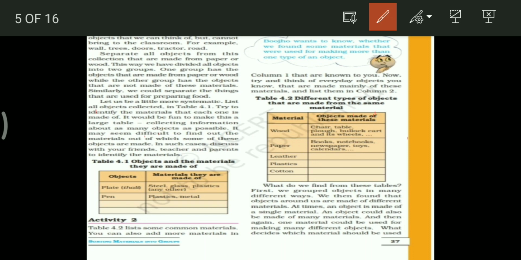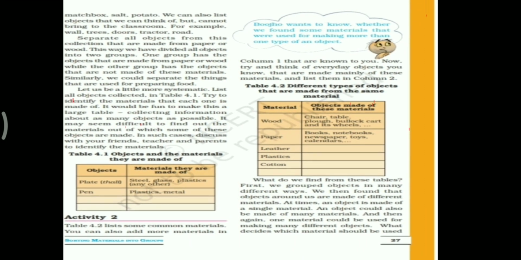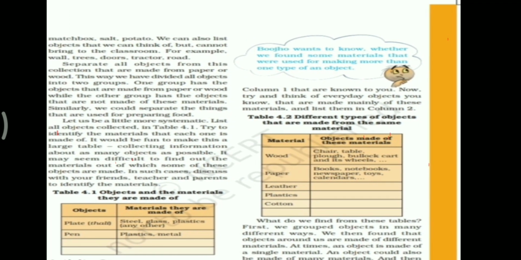Now come to the next, activity 2. In activity 2, table 4.2, you have to write down the different types of objects that are made from the same material.